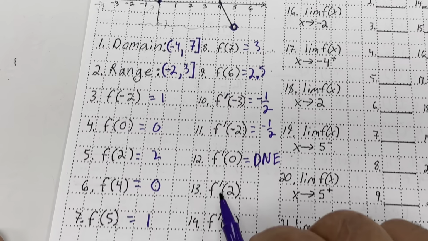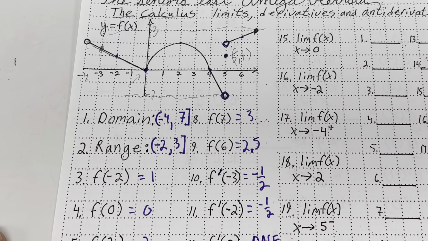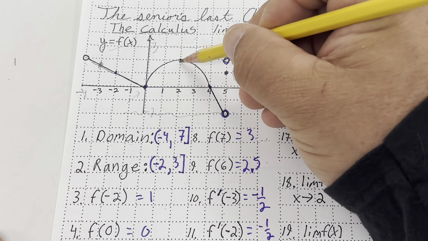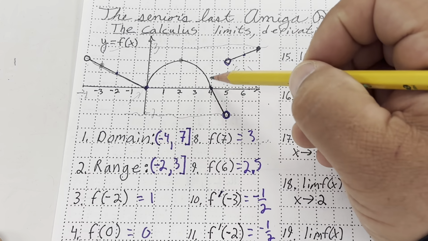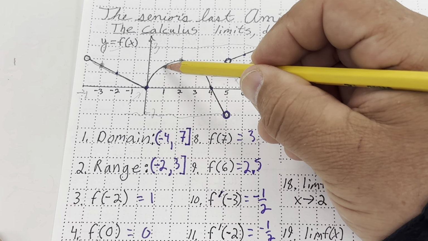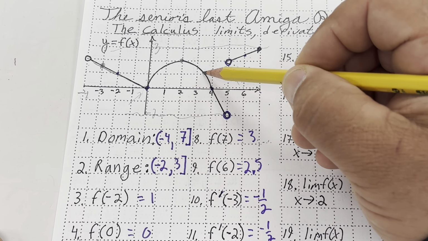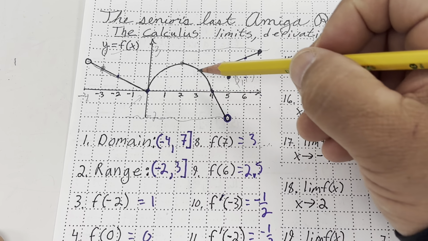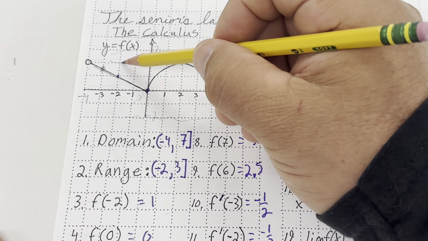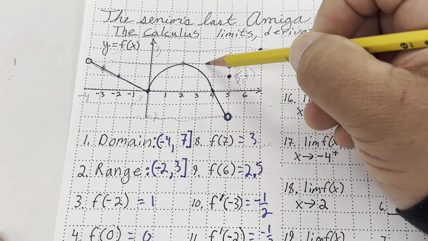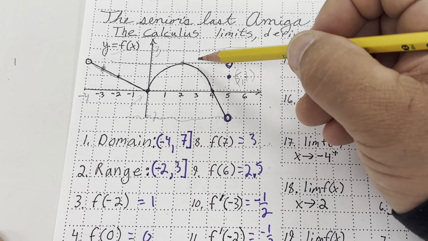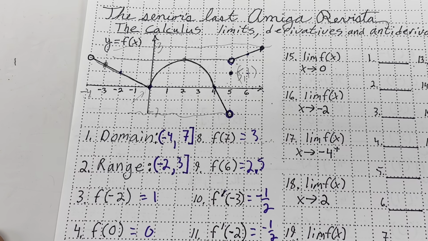F prime of 2. So the derivative at 2, or the slope at 2, now that is the top of a circle, so it's a smooth function. It is not a sharp edge. It is not a cusp. So if we were to draw a tangent line that just barely touches that drawing, the slope of the tangent line would be 0.